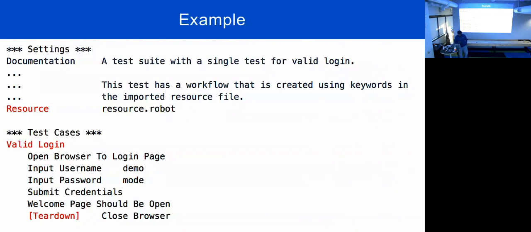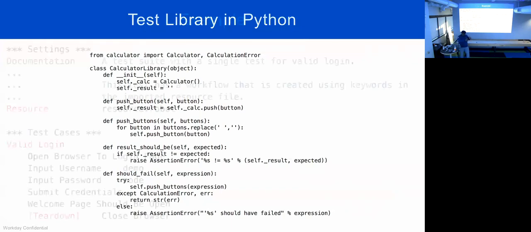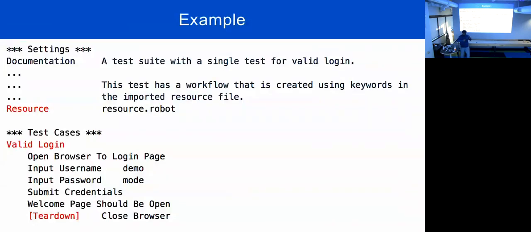Once it reaches, for example, open browser to login page, it could be a Python library keyword like open_browser to login page. Here, in this case, push button is a method. I can say push space button and then give arguments to that. But I would ask you to look at the Robot documentation for more information about that. There is more to it actually, but this is as simple as I can give.